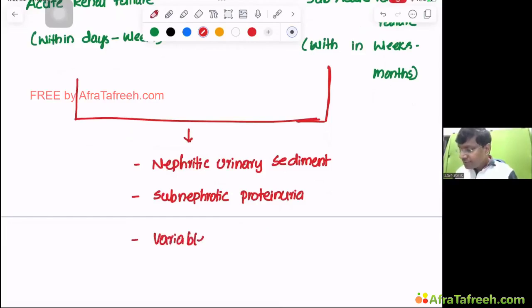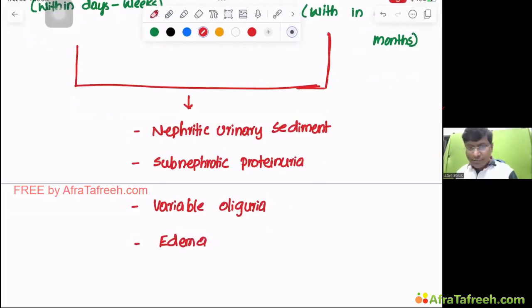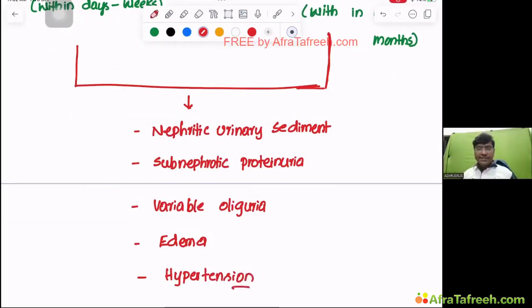So to call it oliguria, how much should be the urine output? They will have edema because of proteinuria, and then hypertension, right? Very good. So it is 400 ml per 24 hours.